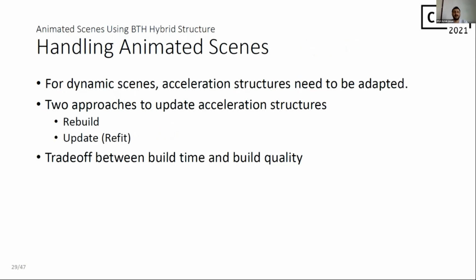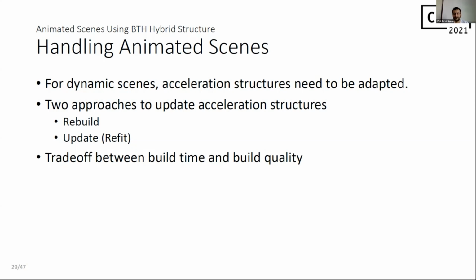So when handling animated scenes, for dynamic scenes, these structures need to be adapted. We can use two approaches to update the acceleration structures. The first one is rebuilding the whole thing, and the second is just updating where it is necessary.